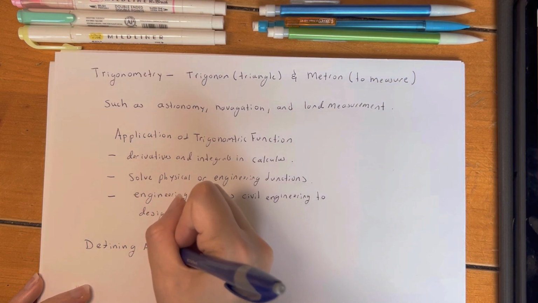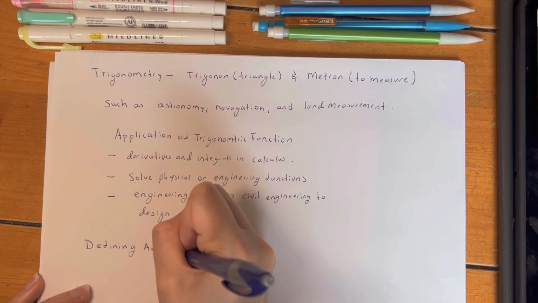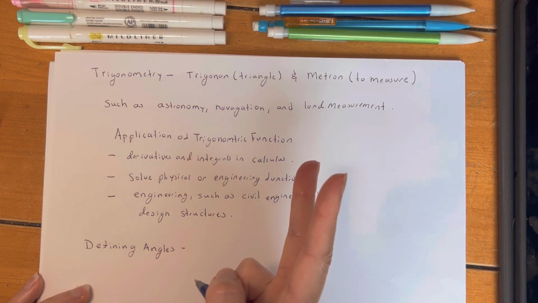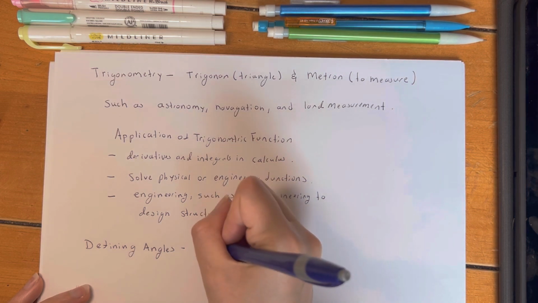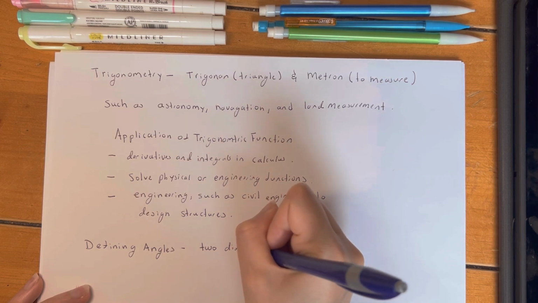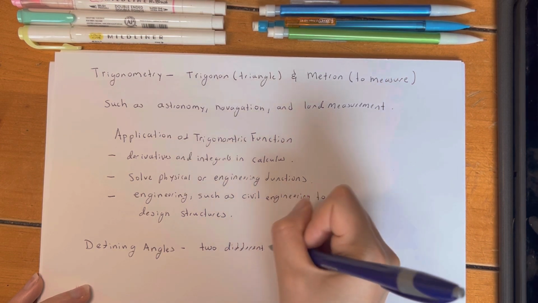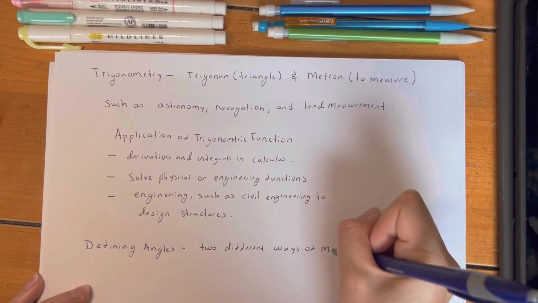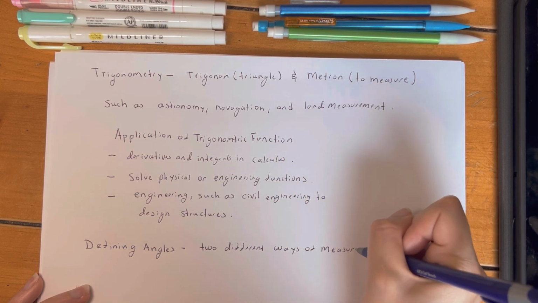Defining angles: you have two different ways of measuring them and converting from one to another. I will show you what these are.